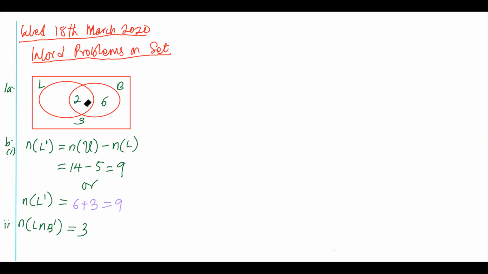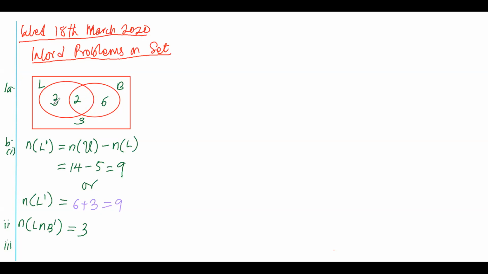So that's this region. That's our L intersect B prime. So finally, L intersect B prime means L but not B. But not B means you cover this B and whatever you can see in L. So this is the only thing we see in L.